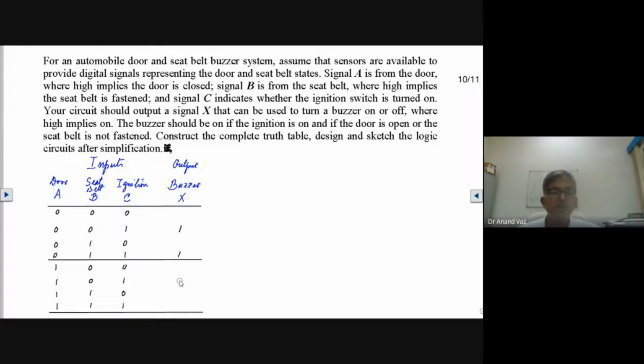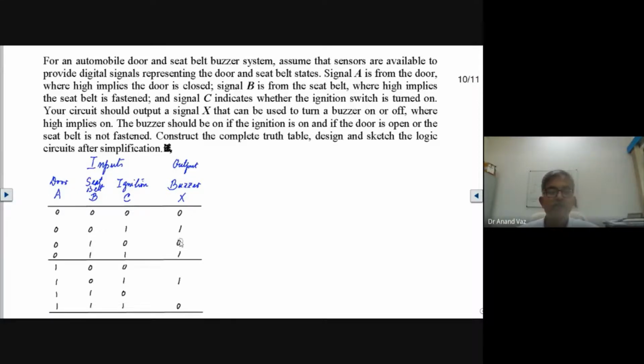Here also, although the door is closed, the seat belt is not fastened and the ignition is on. And finally, when the door is closed, the seat belt is fastened and the ignition is on, there is no problem. So here, the buzzer will not go on. And in all the other cases, you see the ignition is off, so the buzzer need not be on.